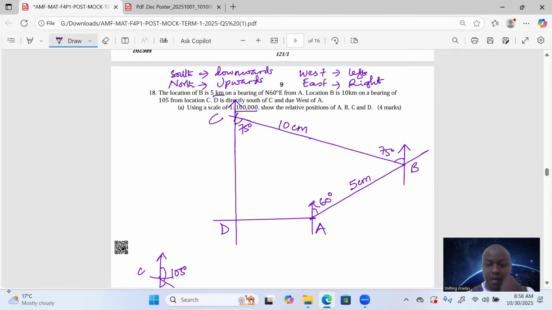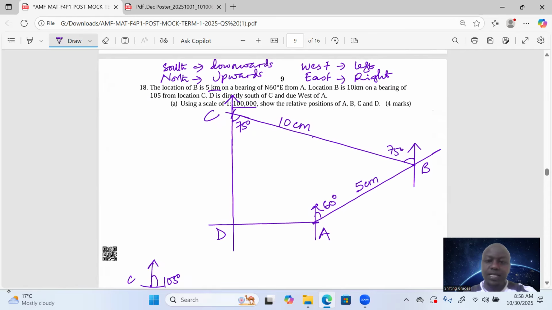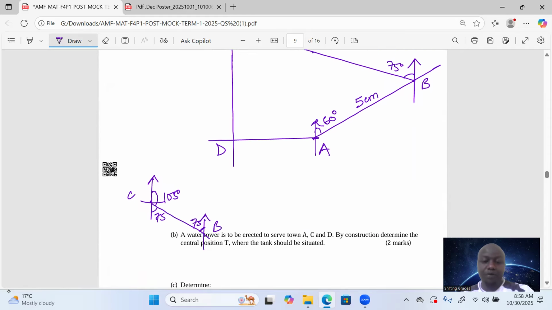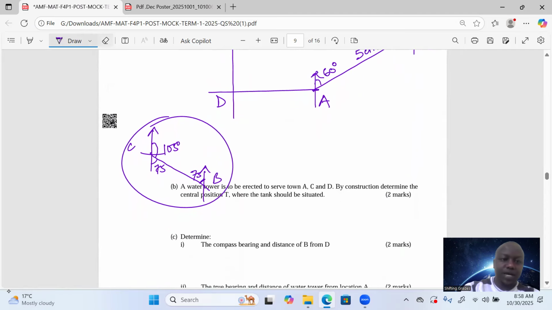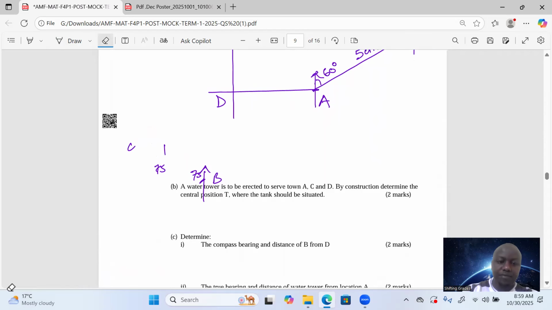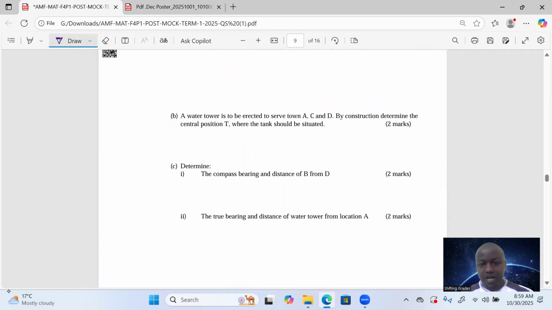So we have the positions now already illustrated. This is very technical information whereby you are given the location of B with reference to C, yet you don't have the C. You're supposed to be able to relate in this manner, and you get what is needed. So it's not a tough task. You are equal to the task.